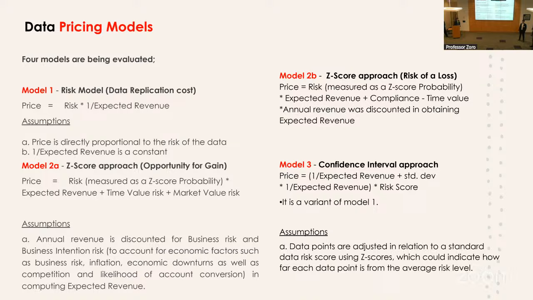So here we talked about the pricing model, where the first one we're using assumes prices of this data are normally distributed, and we're going to use this assumption with our risk score. We'll price it and then test it again through the confidence intervals.